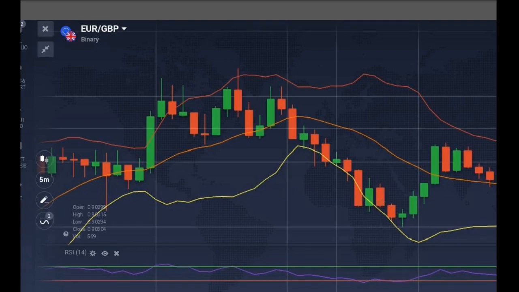Whenever there is a disagreement between the candlestick chart and the RSI, that is called a divergence. So you wait for a divergence. The divergence is confirmed by this confirmation candle, this hammer over here.